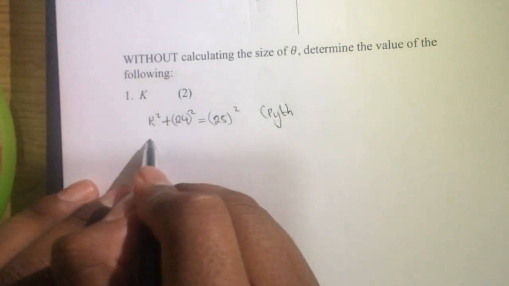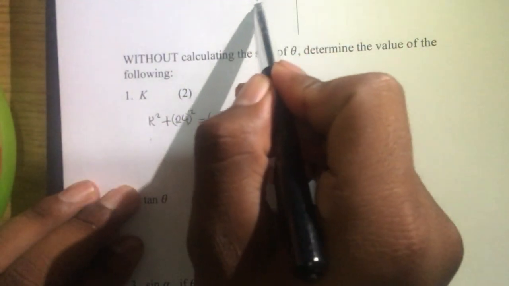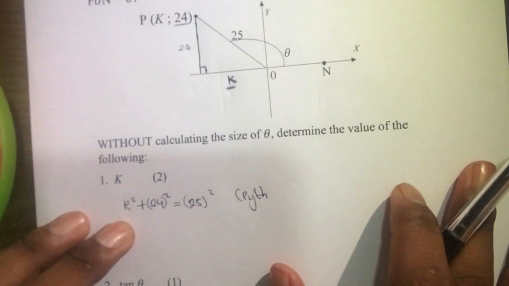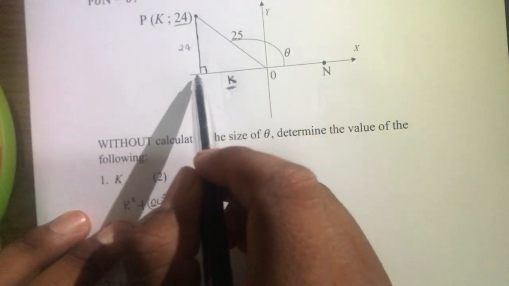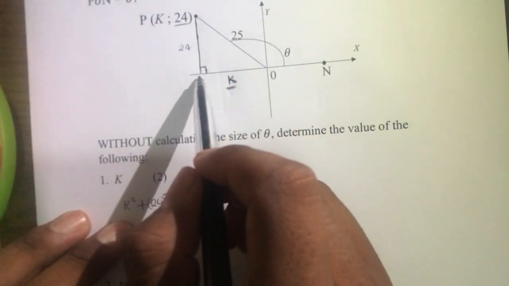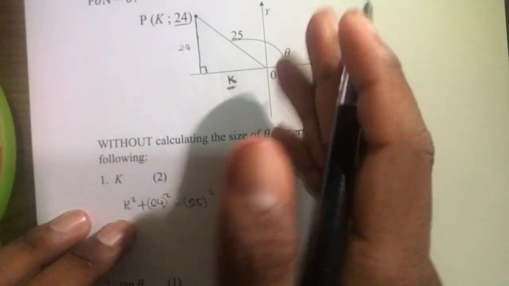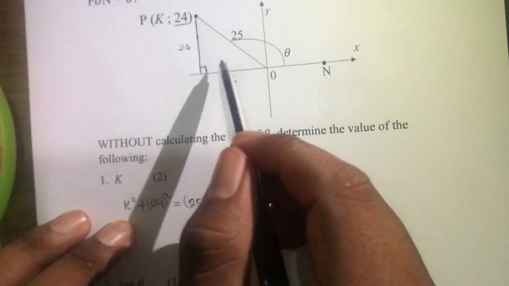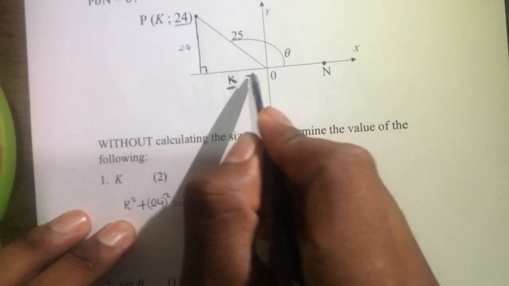Now, as we continue, what do you notice about K? When we see K there in our diagram, K is on the left side of the y-axis. So which means the values of x on the left side of the y-axis are negative.